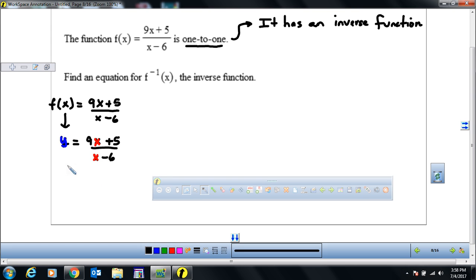Okay, so we're going to interchange them. Meaning that it's going to look like this. It's going to be x equals 9, and instead of x, now it's going to become a y. 9y plus 5 over y minus 6.